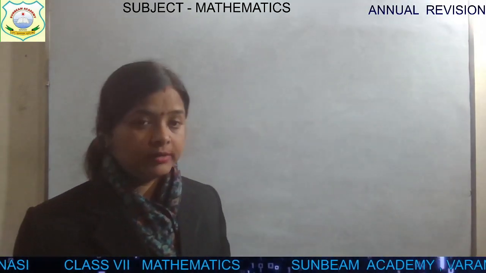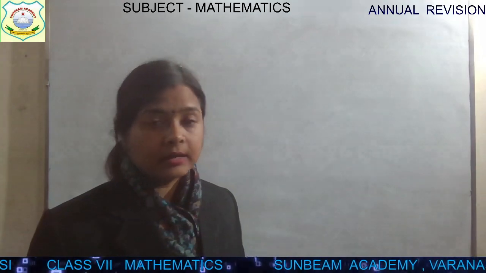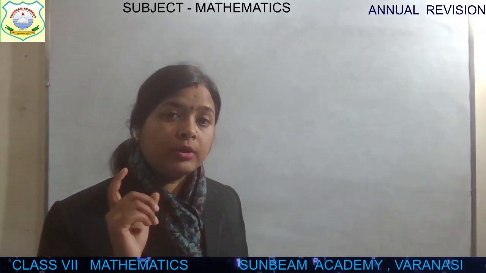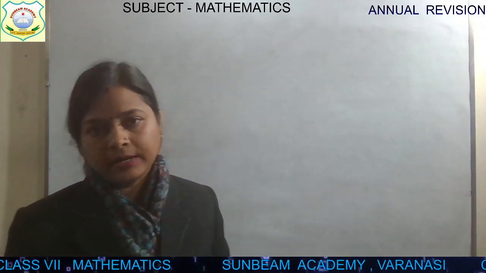Children, in algebraic expression, the very first thing is that we have started with like terms and unlike terms, what are constants and variables. These all are the basics, children, we are doing in the school also, in the class. Now, if you are having like terms, then only you can add or subtract.